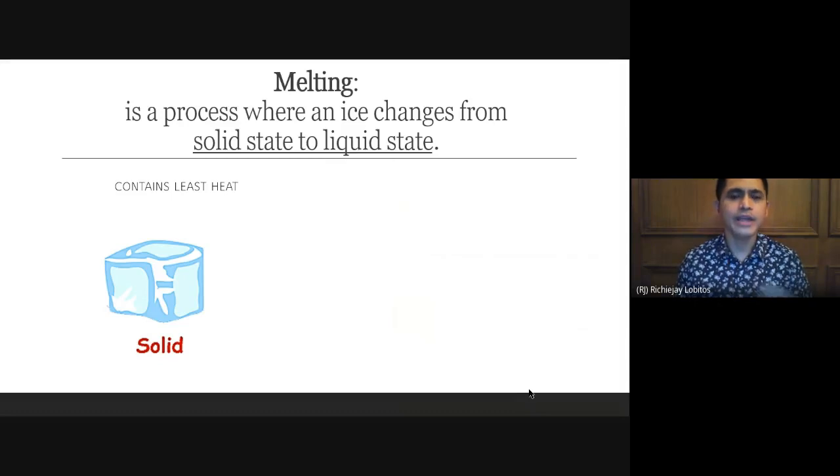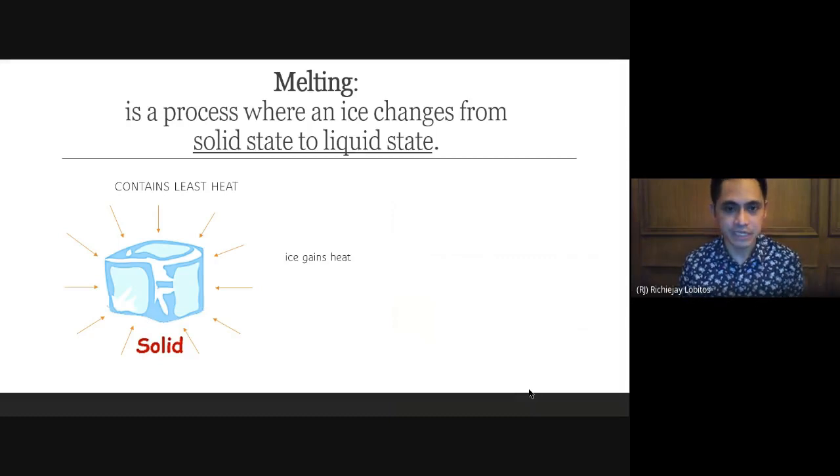Now, why do solids or ice melt? It's not magic, actually. Solids or ice melt when they gain heat. It's about the transfer of heat. You also learned in P4 that heat travels from a warmer area to a cooler area.